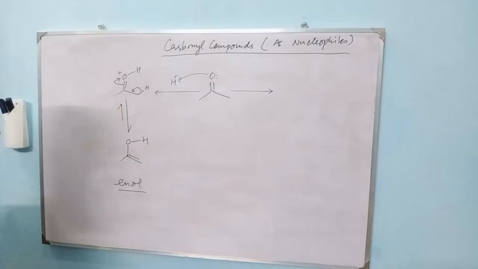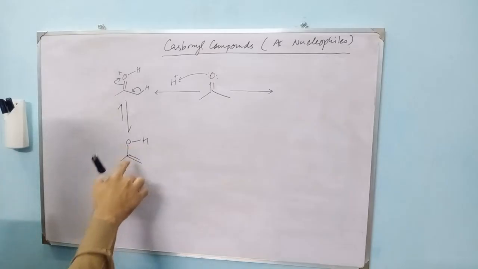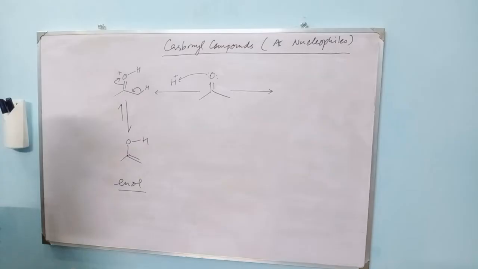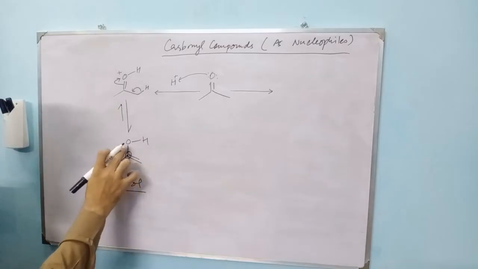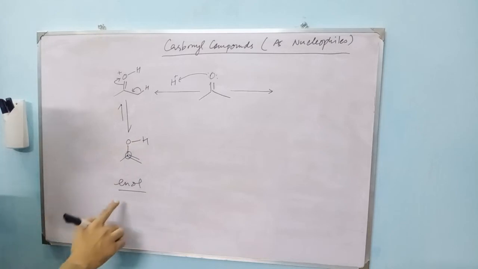And I hope we are aware of this term enol, because we have a double bond, and for double bond we use ene, and for alcohol we use ol. So this molecule in which a carbon shares a double bond as well as carries a hydroxyl group is called an enol.